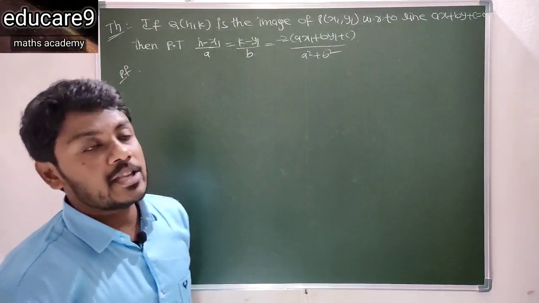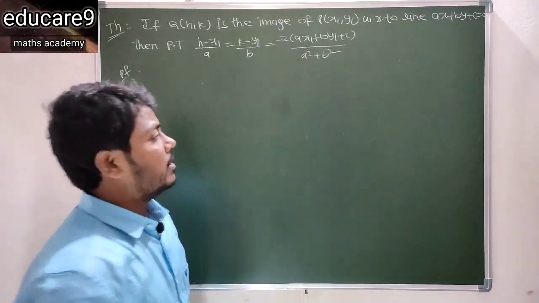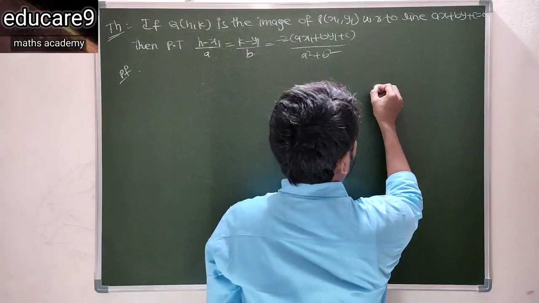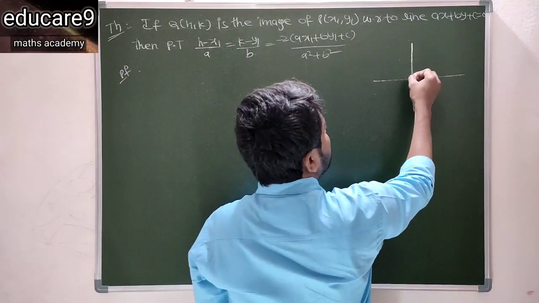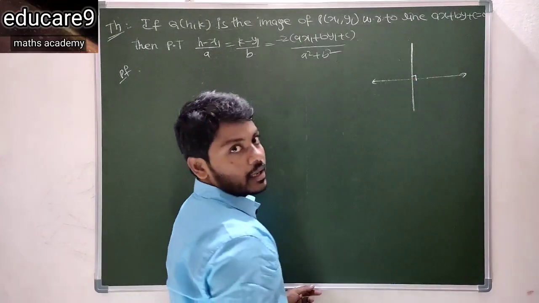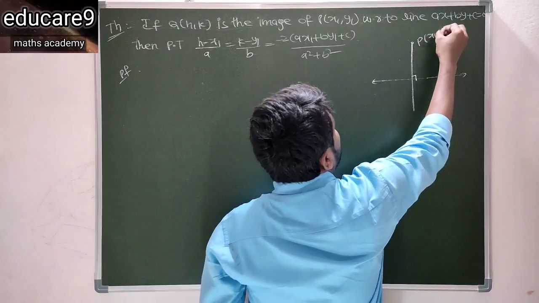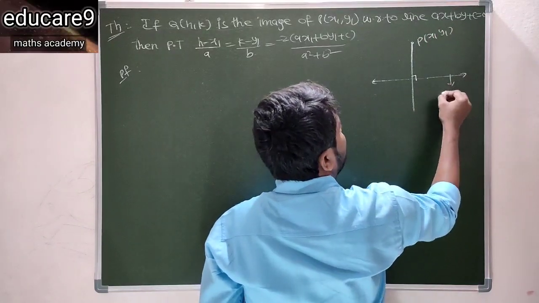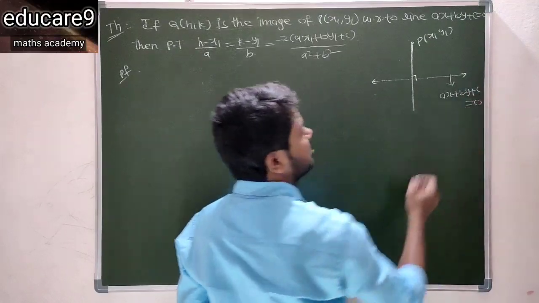Q(h, k) is the image of the point with respect to the line. So see here, if two lines are perpendicular, so clearly these two lines are perpendicular. Now this is the point (x1, y1) and this is the line ax plus by plus c equals 0.